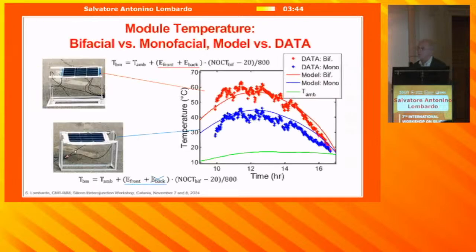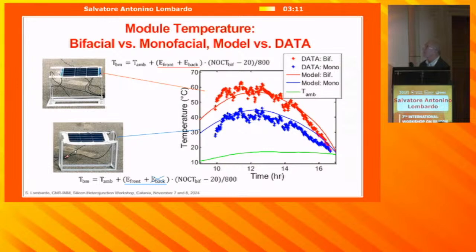But if we do the experiment in another way, which is the following, we take our mini module and either we leave it bifacial or we cover the back side simply with a piece of white paper. In that case, what we're doing is simply shielding the backside. And so in that case, the difference between bifacial and monofacial modules is very large in terms of temperature.